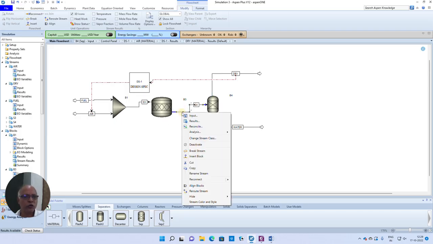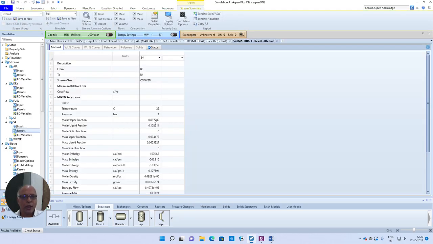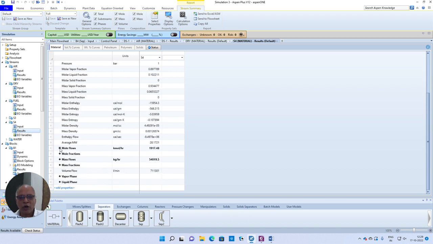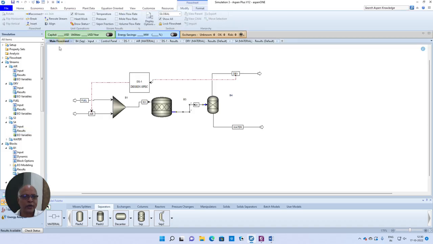So we should be in a position to report this. But remember, this is not actually part of the report made by Aspen. So you are generating about 1917 kilomoles per hour for every 100 kilomoles per hour of fuel burned. So what is the ratio? This is about 19.17. Anyway, you will be able to have all the information required in order to calculate.